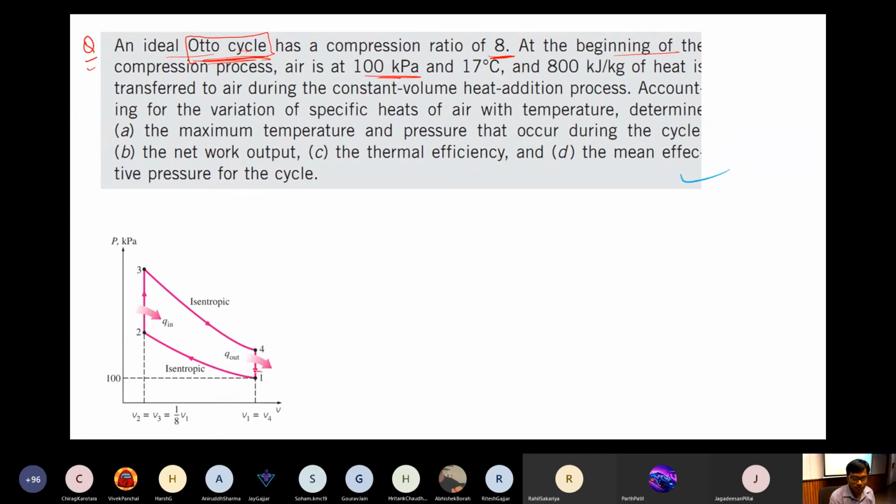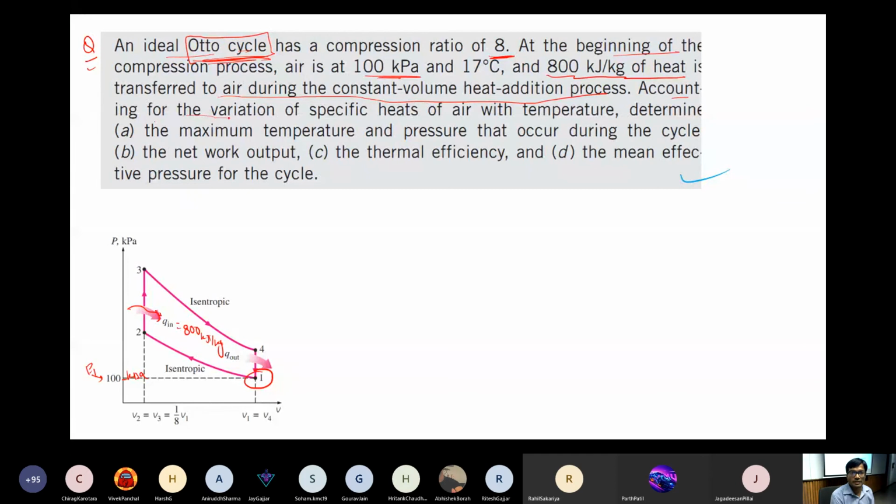So it starts from 1. At 1 we have 100 kPa. This is your P1, given as 100 kPa. And 800 kilojoule per kg of heat is transferred to air during the constant volume heat addition process. So this Q in is also given, 800 kilojoule per kg. This is on a per unit mass basis, everything is given.